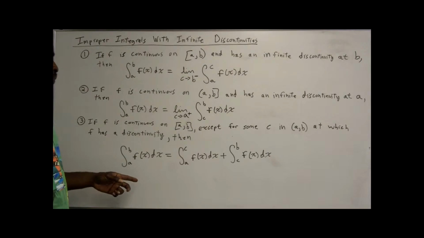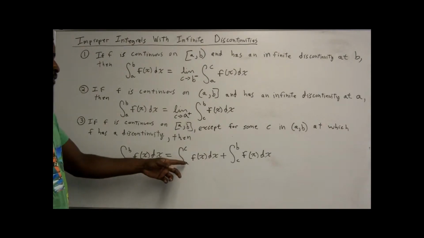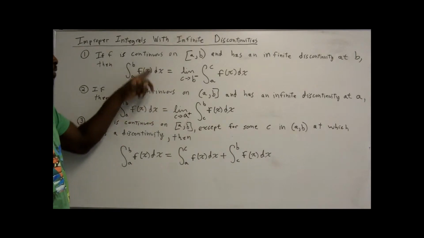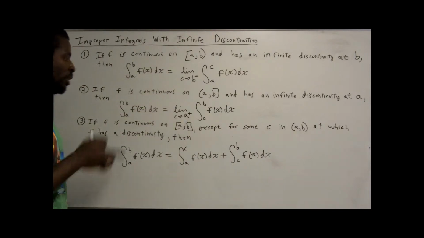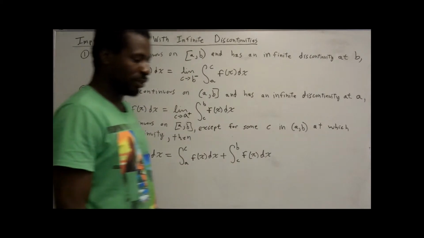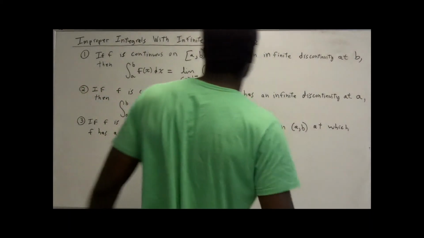Then you split the interval into the interval from a to c and the interval from c to b, and use these two definitions to find those two integrals. So number 3 combines number 1 and 2 when the vertical asymptote is in the middle of the interval.